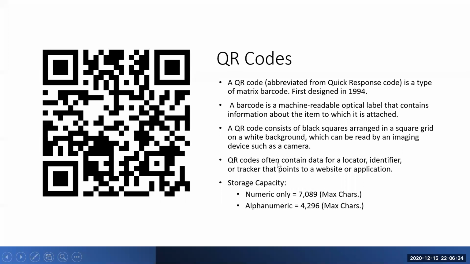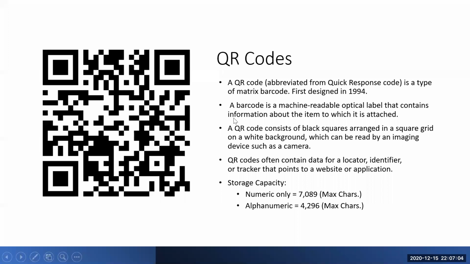A QR code often contains data for a locator, identifier, or tracker that points to a website or application. Usually QR codes would have embedded web links within them, or certain information that would take you to a certain application or website, but there are a lot of different types of data that you can store within a QR code.